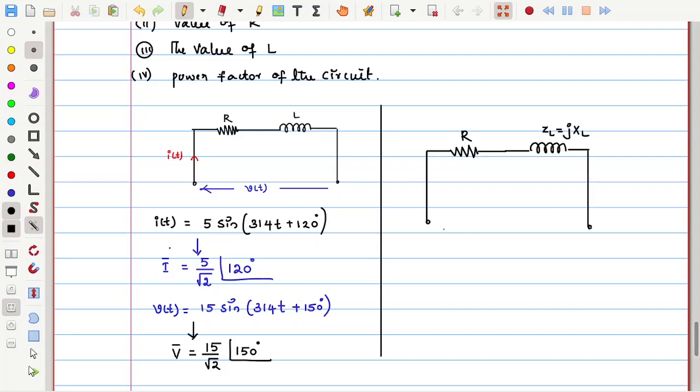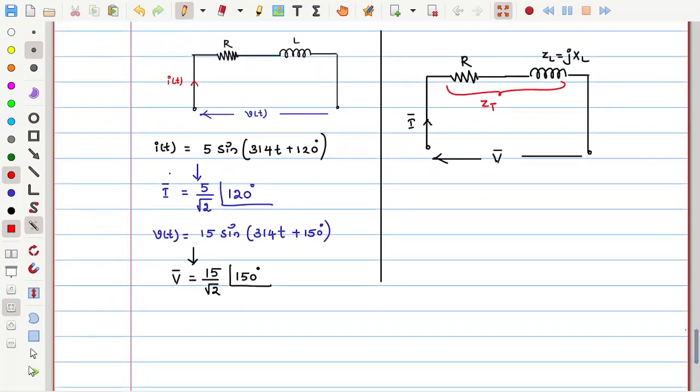And this is the total voltage in phasor form V bar and the total current I bar, and the total impedance of this circuit is ZT. How much is ZT? Can you tell me from the previous knowledge? Can I write ZT as R plus ZL, which is R plus JXL? Exactly.